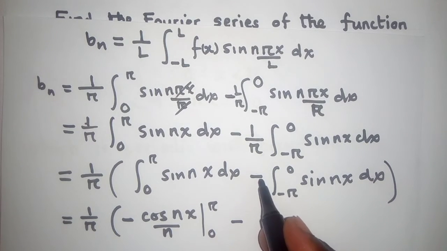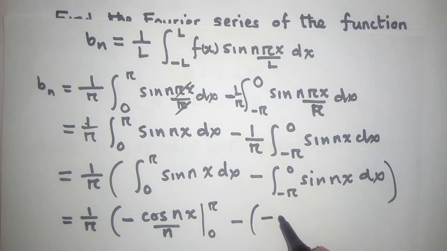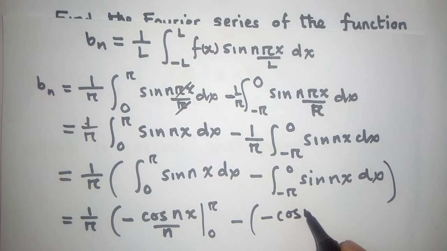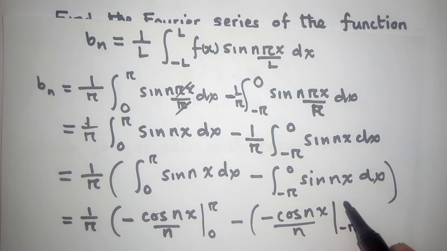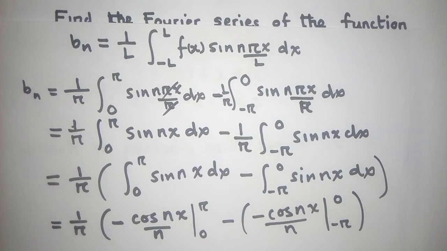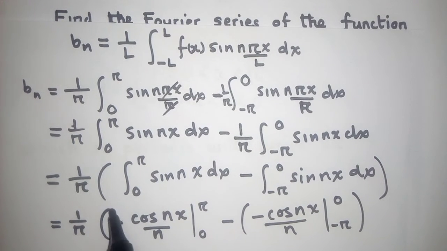Okay, we have a minus already, and the integral of this will be minus cos nx over n. The limits from negative pi to 0. Okay, so this is what we have.